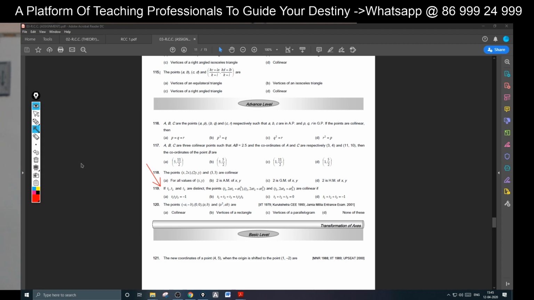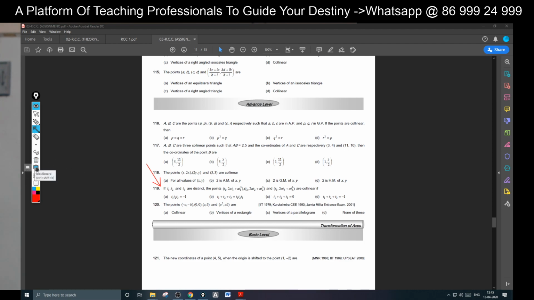Slope of a line joining 2 points (x1, y1) and (x2, y2) is equal to y2 minus y1 by x2 minus x1. You can make use of it. Of course, the question is a higher level question, so this is also a little lengthy. Even then, let us work it out.